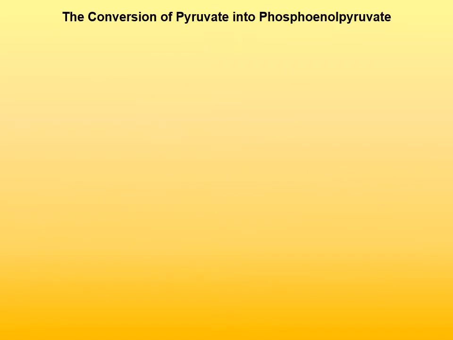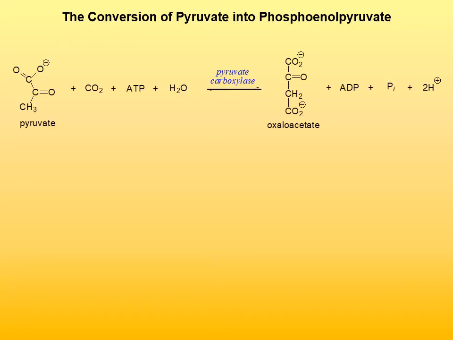The first stage of gluconeogenesis involves steps that are designed to bypass the glycolysis step catalyzed by pyruvate kinase. And that involves conversion of pyruvate into phosphoenolpyruvate. So pyruvate in a reaction with carbon dioxide, ATP, and water, catalyzed by the enzyme pyruvate carboxylase, is carboxylated.